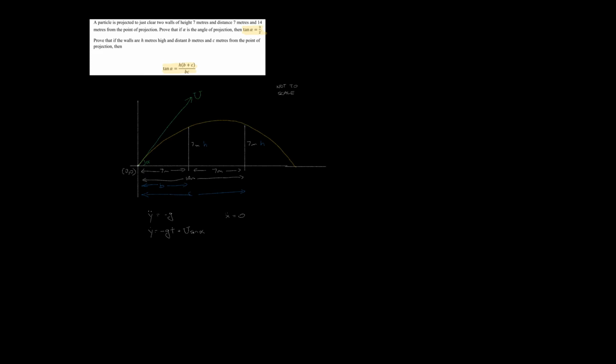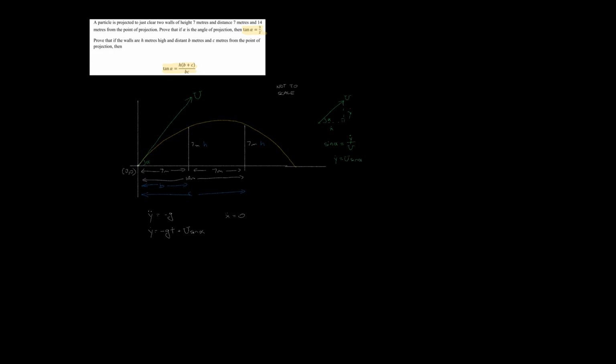Well, if I draw a little diagram here, if that's u, and then we draw, if this is y dot, and if this is x dot, and that's alpha, then I want you to see that sine alpha is equal to y dot over u. So y dot is equal to u sine alpha.